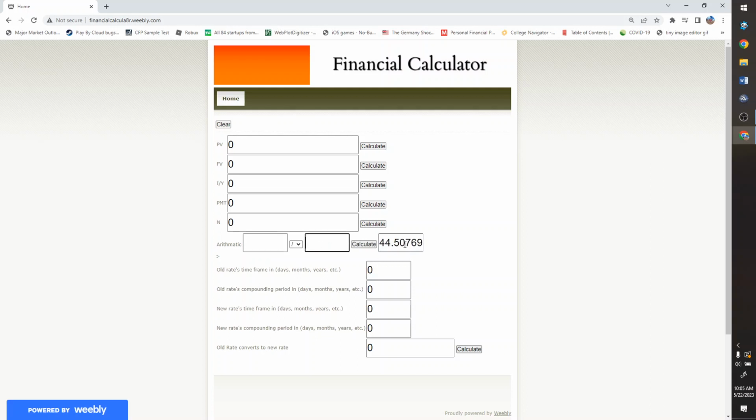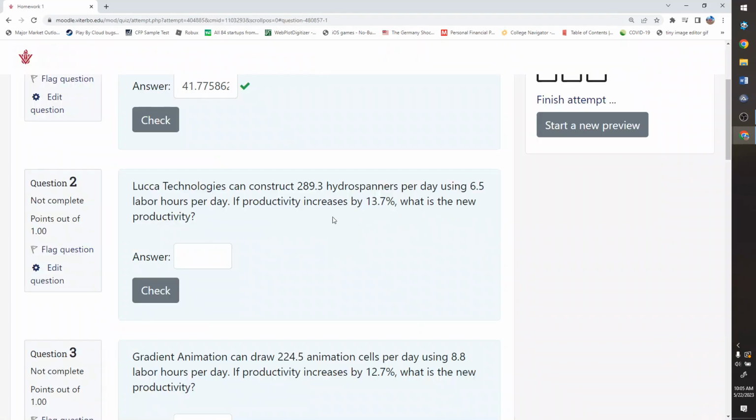And so now let's think about what, okay, quite so many digits. All right, so 44.5, that's our productivity. Now the problem says productivity is increasing by 13.7%. Okay, so we're aware when we think about percentage increases, that's implying multiplication.